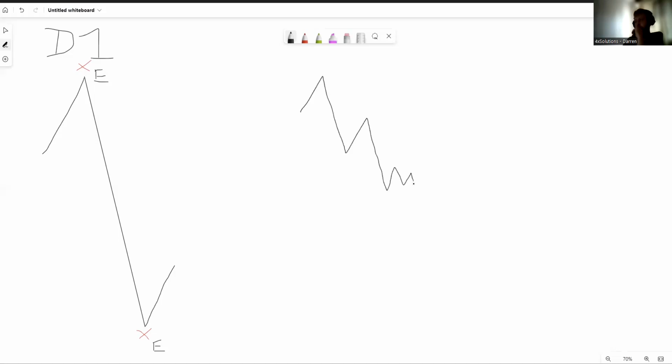Maybe a bit of a consolidation, and then expansion, and then maybe something like this. Because price doesn't always just move in a straight line, right? Although eventually, both of these time frames made the swing high here and the swing low here.